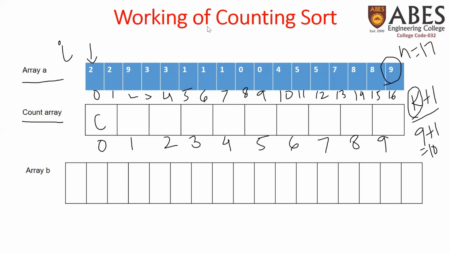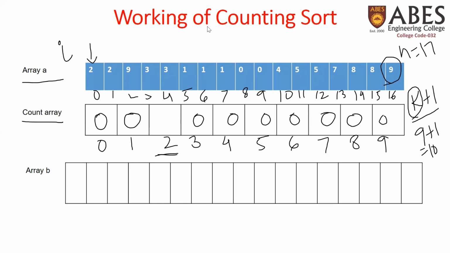It means first initialize the count array as 0, each element having 0. First you are encountering the 2. So go to the second position of your count array and update this value by 1.